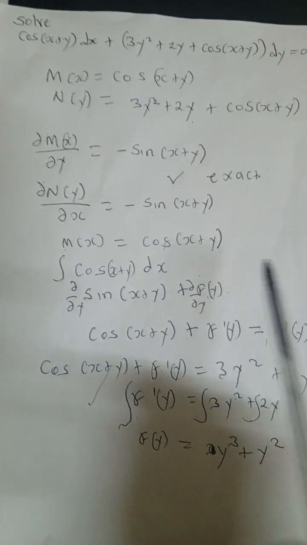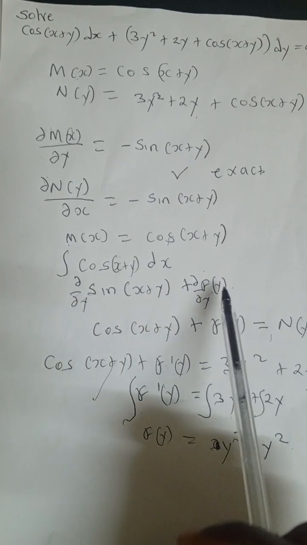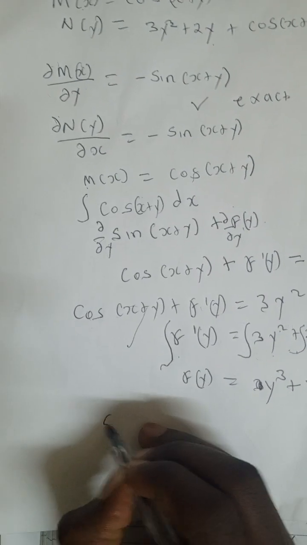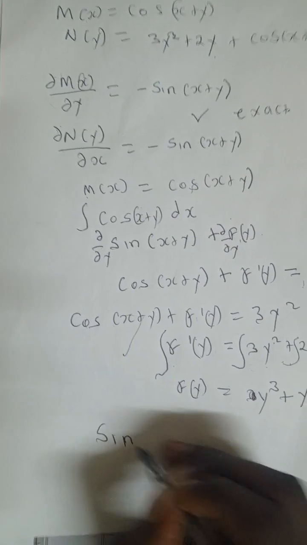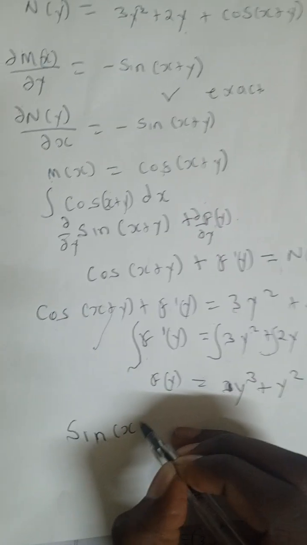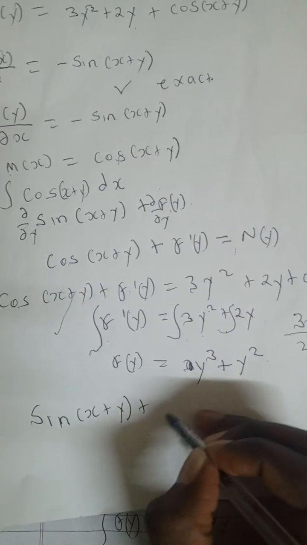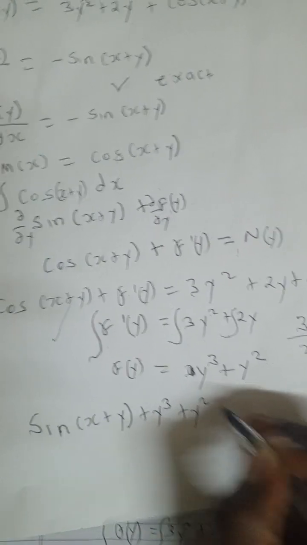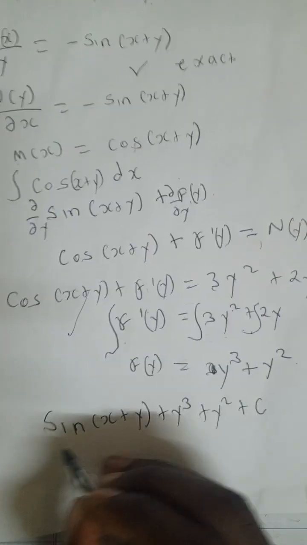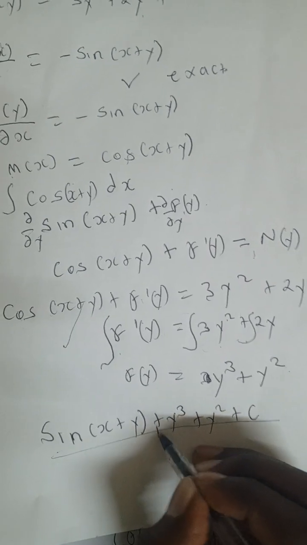Now, since we have found f(y), we're going to get this function plus what f(y) is. That is our answer. So our final answer is going to be sin(x + y) plus y cubed plus y squared plus c. This is our final answer for this question.